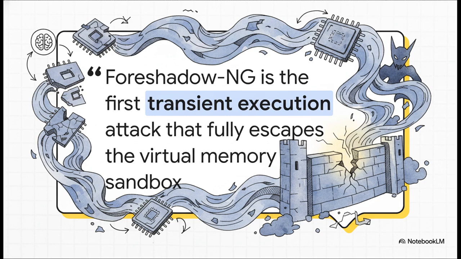Attackers essentially trick the CPU into guessing incorrectly, which causes it to speculatively execute code out of bounds. Now, even when the CPU realizes its mistake and throws the result away, the data it touched is left behind in the cache. And that is exactly where an attacker can steal it. Traditional page table isolation literally cannot prevent this kind of unauthorized memory access.